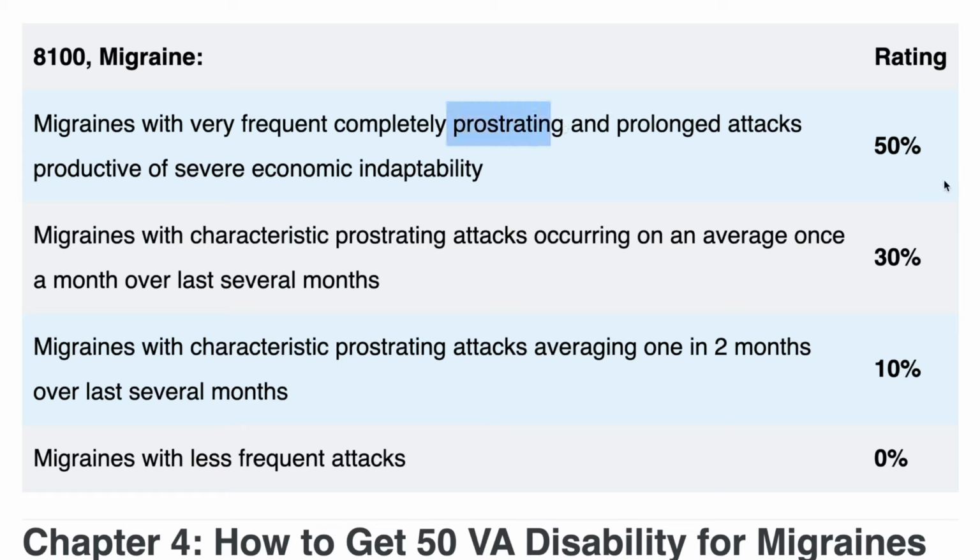It's in the 50% criteria, it's in the 30, and it's in the 10. Now, if you didn't know what prostrating meant, like I didn't until about a year ago, you might not have been able to actually explain this, and this is why you got a 10% rating. You didn't know, averaging 1 in 2 months.